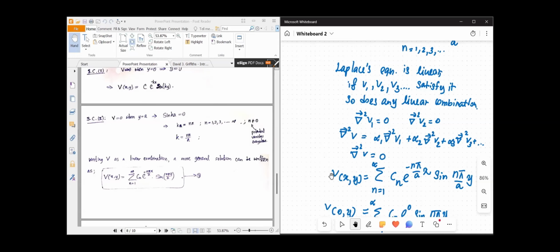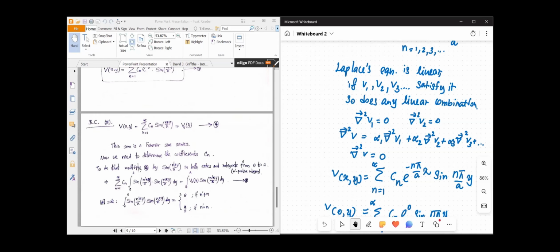Using that fact, we can write a general solution for the potential. We need to consider all the combinations for n. n is going from 1 to infinity, and we have e to the power minus nπ over a x times sin of nπ y over a, and we have Cn.